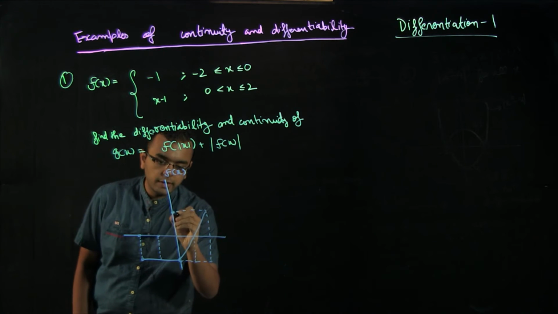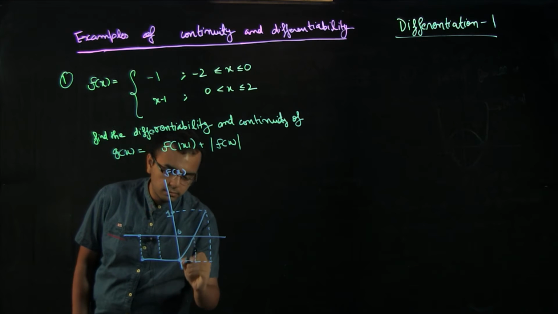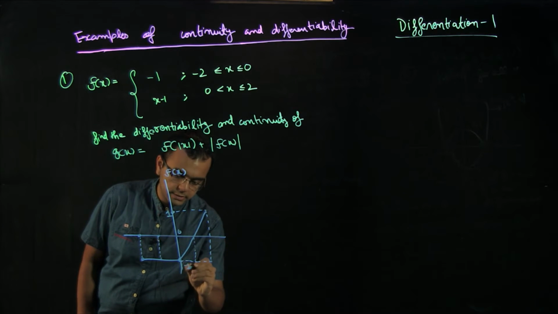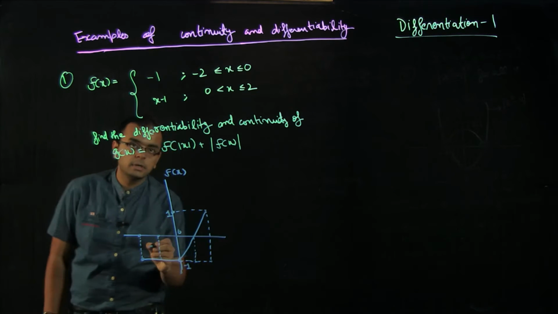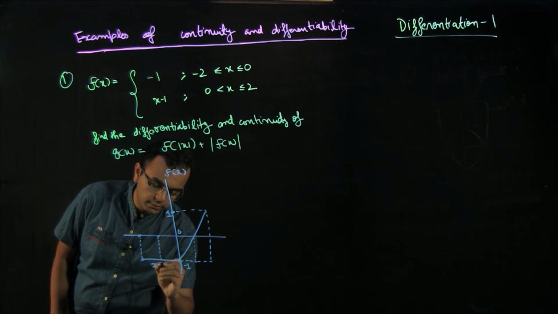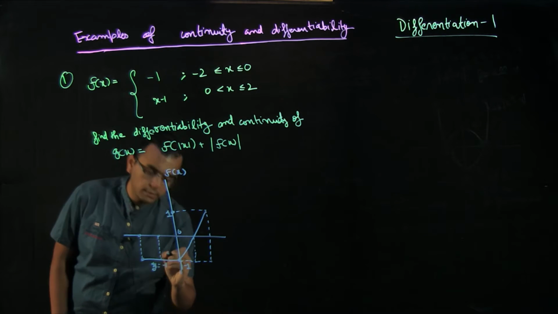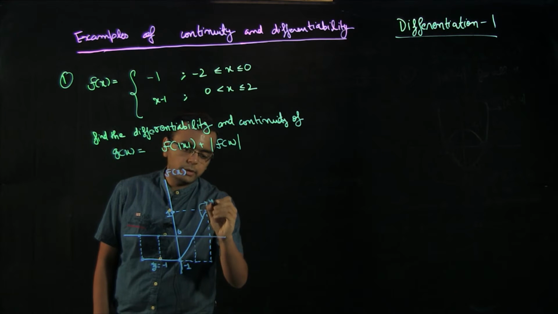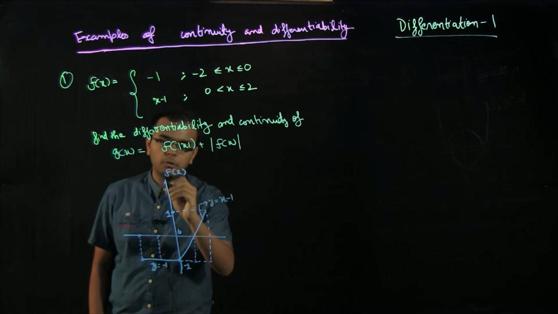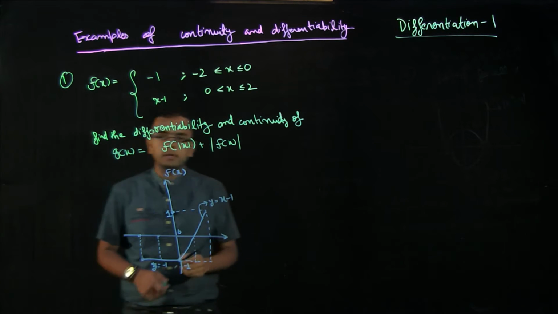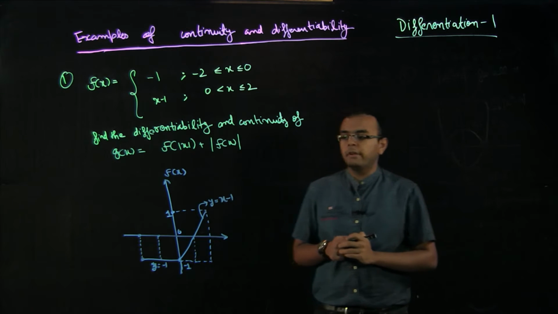This is y is equal to x minus 1. I hope you were able to follow this very quickly. Alright, this is the graph of f(x).